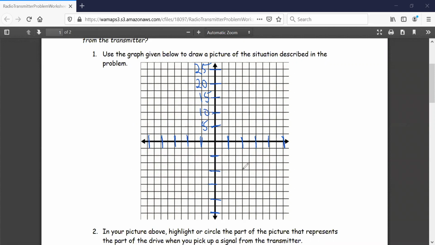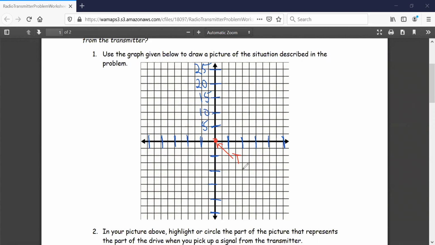We first have a transmitter that is broadcasting a signal in a certain radius around where it is. So hopefully you would agree with me, it makes sense to start by putting the transmitter, which I'm going to call T, right there in the center.